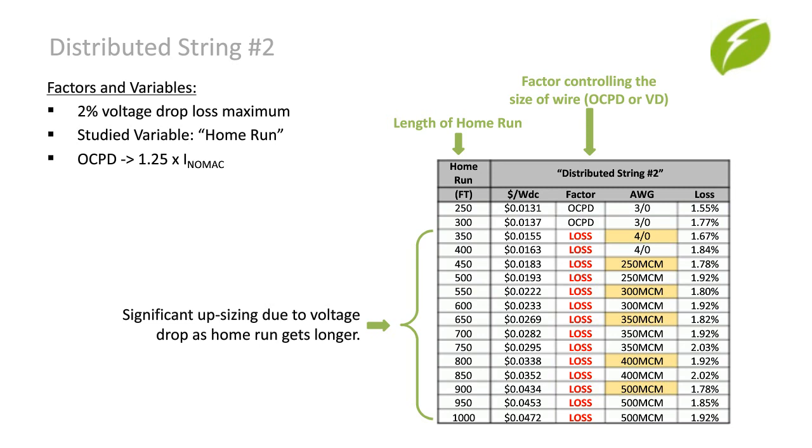Now, here we see that once we get up to that 350 feet, the overcurrent protection device is no longer the factor controlling the wire gauge. In order to keep the voltage drop below 2%, we have to keep increasing the wire gauge as we go farther distances. A few of them were slightly above 2%, but we left those instead of upsizing. The yellow highlighted cells are each time we needed to upsize due to the voltage drop.